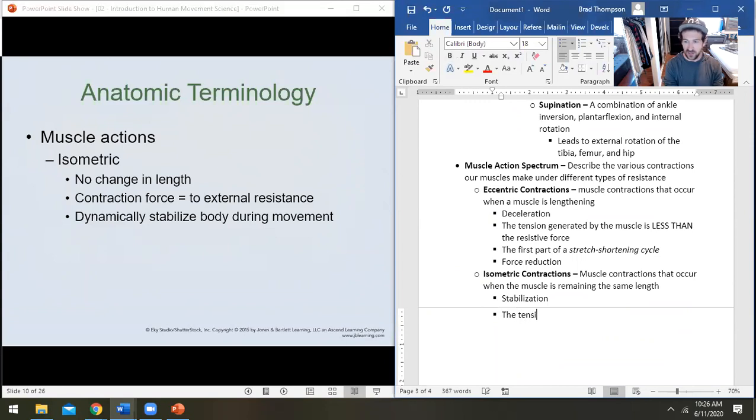And the tension generated by the muscle is the same as the resistive force. And this is the stabilizing portion. Actually, I'm sorry, not even that. It's the transitional portion of a stretch shortening cycle.